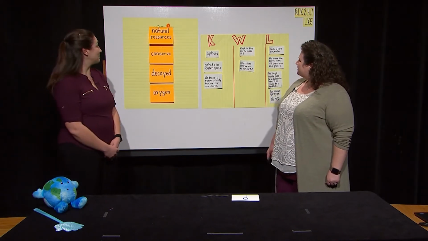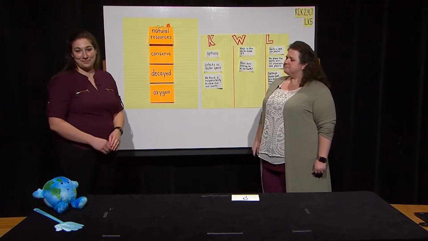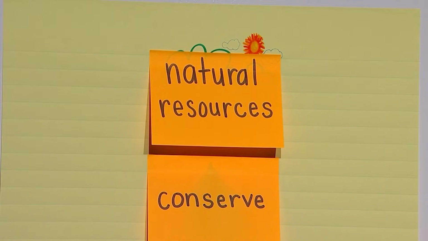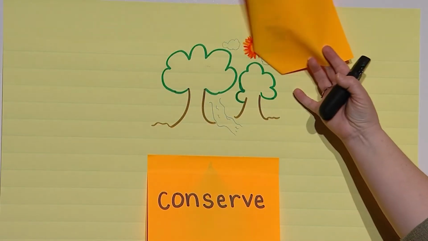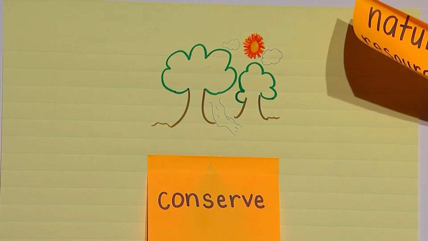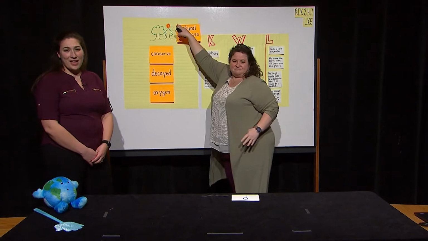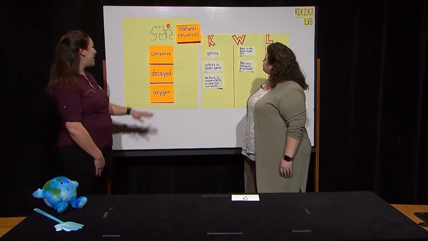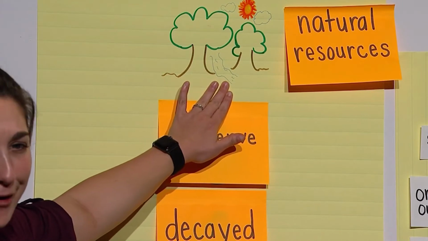In fact, I see that phrase right here. When I lift up the phrase, there's a picture. I see that there's a picture of some land, some air, and some water.